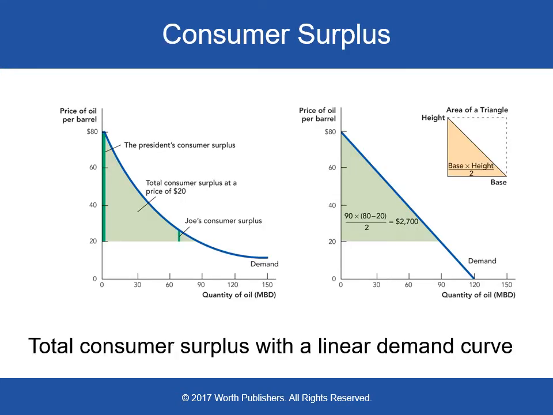So here's an example with a hypothetical demand curve. And if we go with our curvy shaped demand curve, it sort of goes like this. If the price of oil per barrel was $80, look at the diagram on the left there. If the price of oil was $80 per barrel, then that means that the price of engine fuel will be very high. And the question is, who would be willing to pay such an outrageously high price for oil?